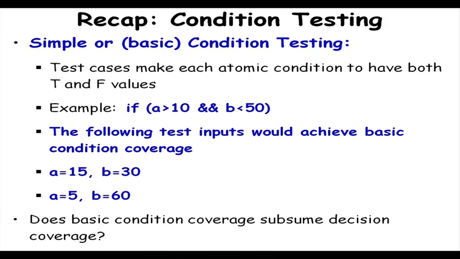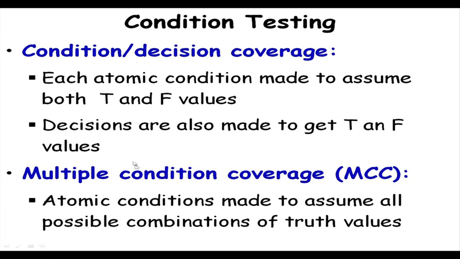So, decision coverage is not achieved. So, to answer this question, the basic condition coverage does not subsume decision coverage. In other words, the basic condition coverage, even though a very intuitively simple testing technique, is a very weak testing and even weaker than the statement coverage.